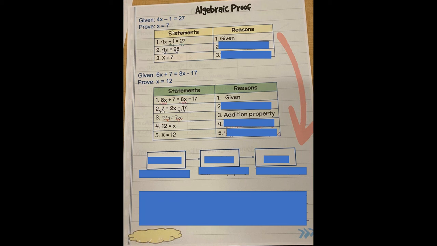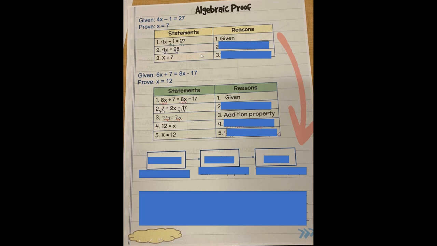Our two-column proofs are statements and reasons, just like the last video showed you. The statements, like our Uno cards, go on the left, and the reasons go on the right, matching like the same color or the same number.